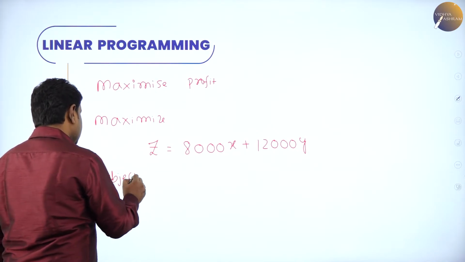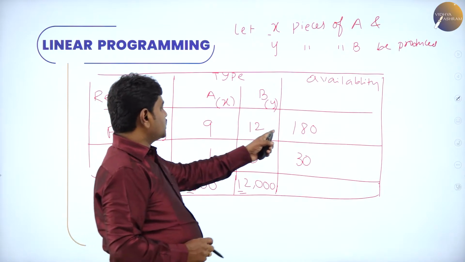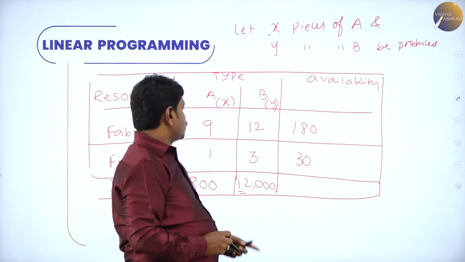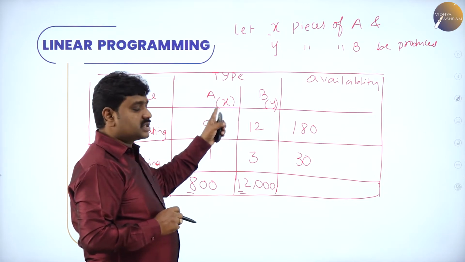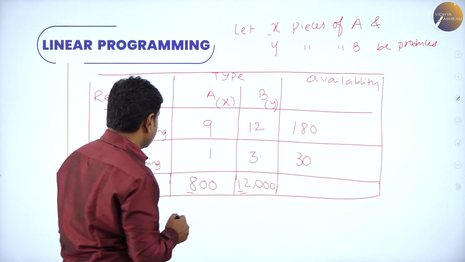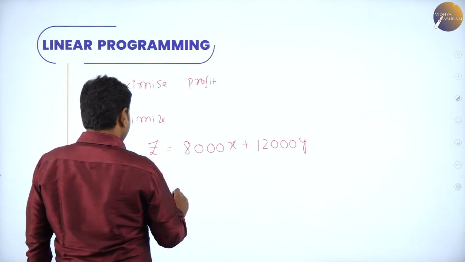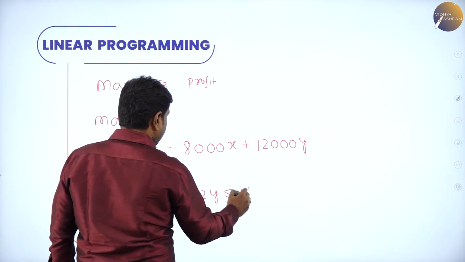to conditions, constraints. The first constraint is that machine A is available only for 180 hours. So 9 hours for one piece of A, and we are producing X. So 9X and 12Y put together should not be more than 180. So 9X plus 12Y should be less than or equal to 180.